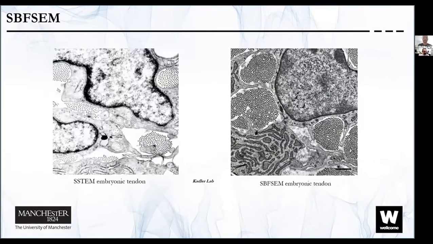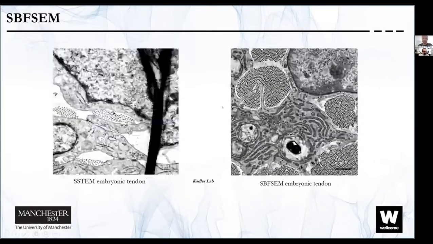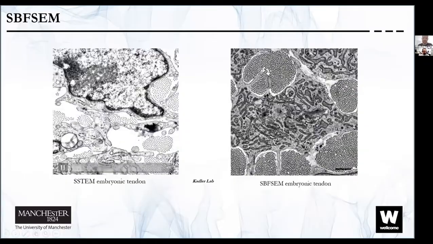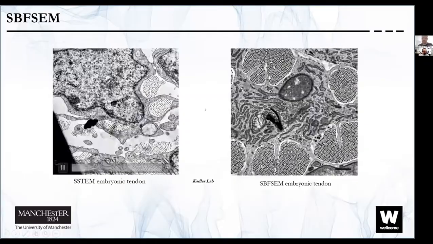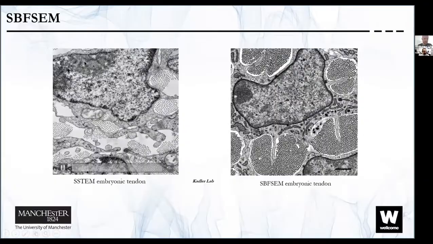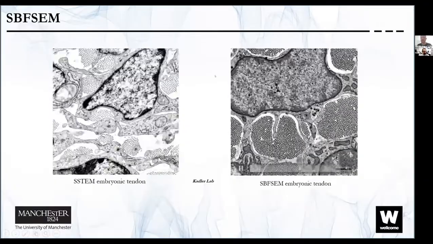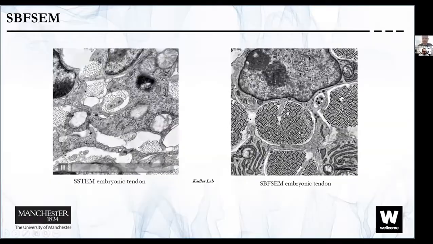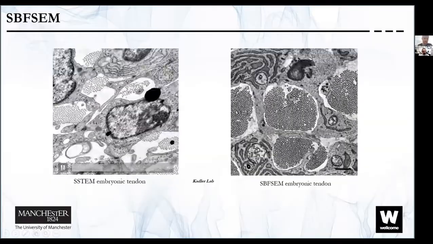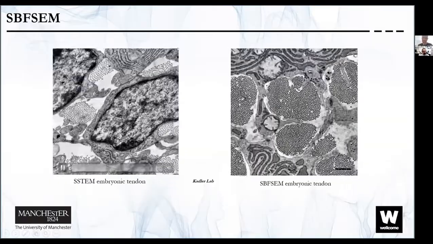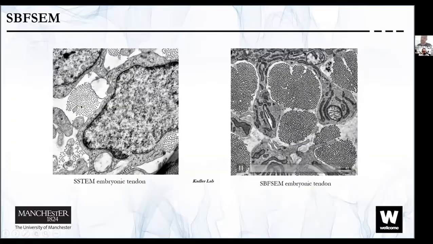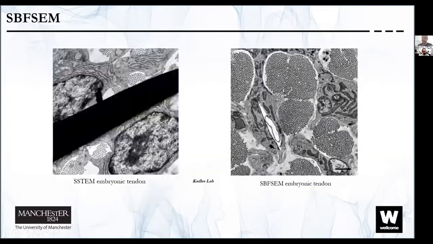So yeah, as a means of demonstrating the differences between this technique and improvements over SSTEM, this is from Wei in the Kadler lab. This is an embryonic tendon done both in SSTEM on the left and SBF SEM on the right. So you can see with the SSTEM sample, it's got the artifacts, etc. Whereas with SBF SEM, you can see it's a lot smoother.